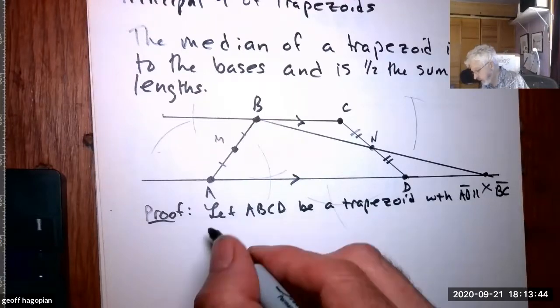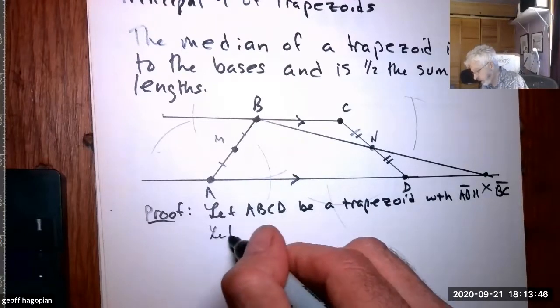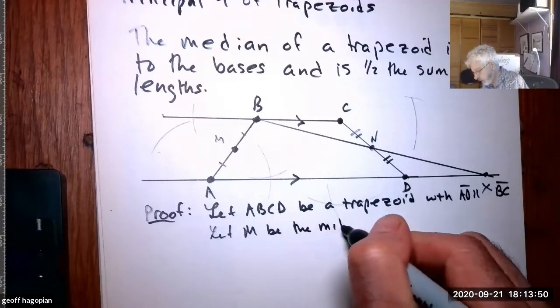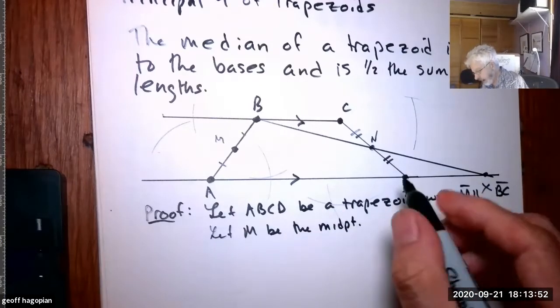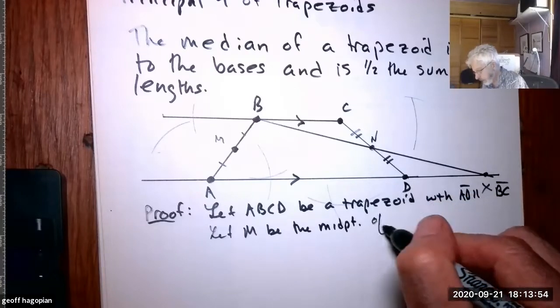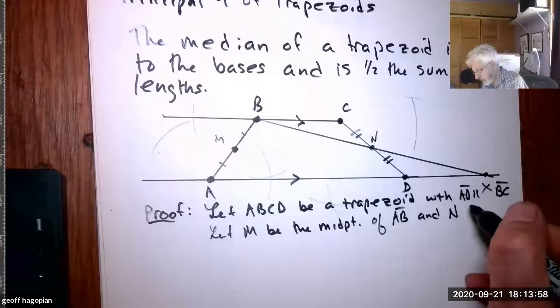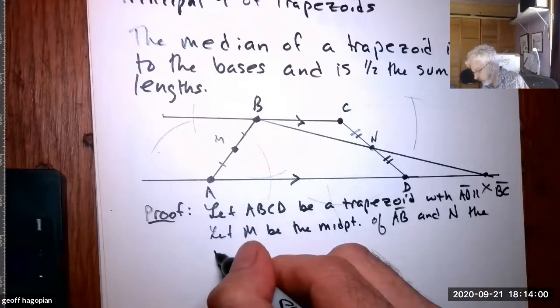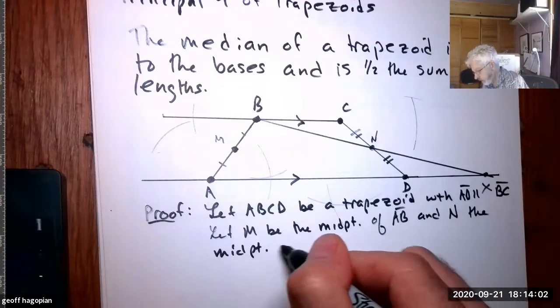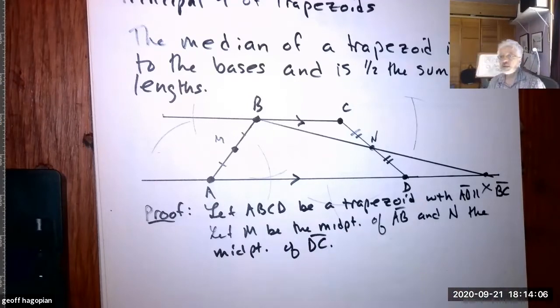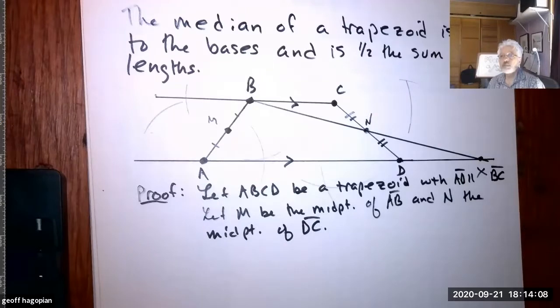And let M be the midpoint. And again, we know these things exist axiomatically, right? The midpoint of DC. Okay, that's just as I've drawn in the picture.